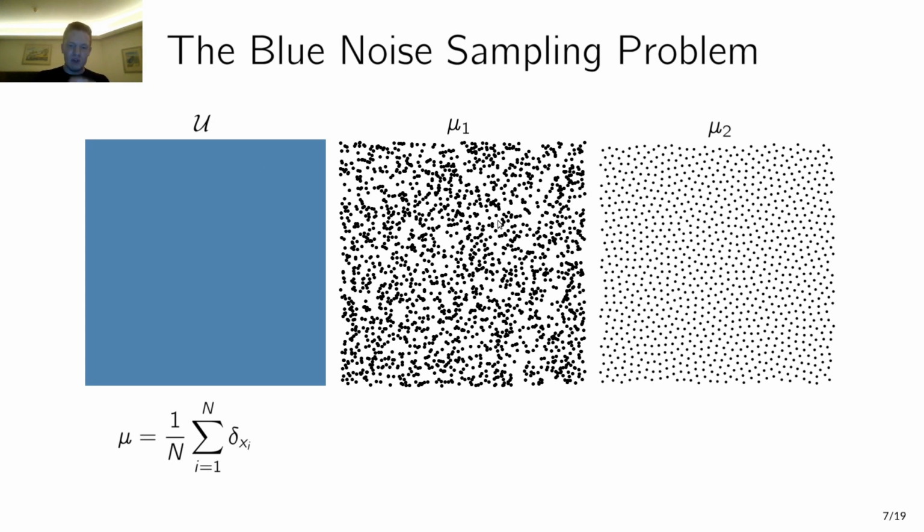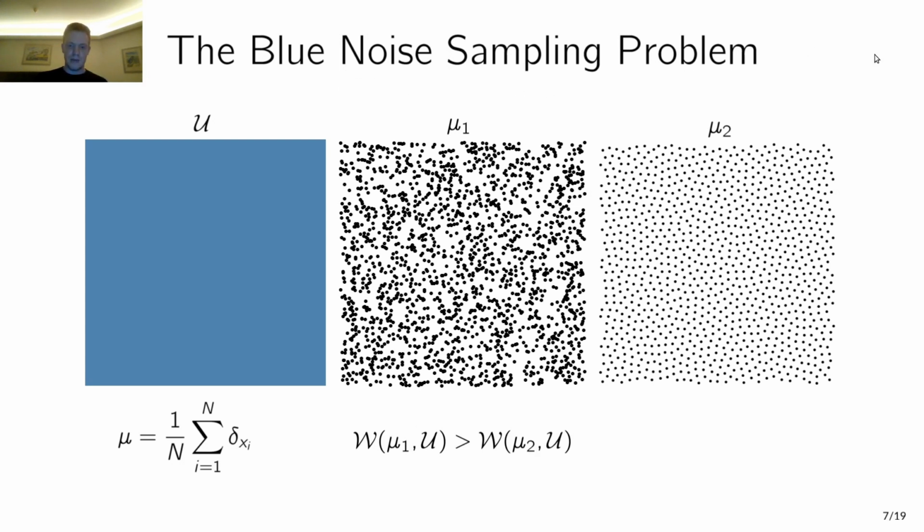And what we don't like about this point cloud is that there are many clusters of points and many empty spots, and those are really bad for numerical integration. Okay, and so to sum up, we feel that in some sense mu2 is way closer to being uniform than mu1. And what is really nice is that it is precisely what the Wasserstein distance measures. In the sense of optimal transport, mu2 is way closer to being uniform than mu1.